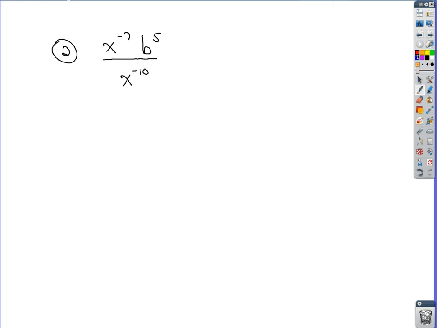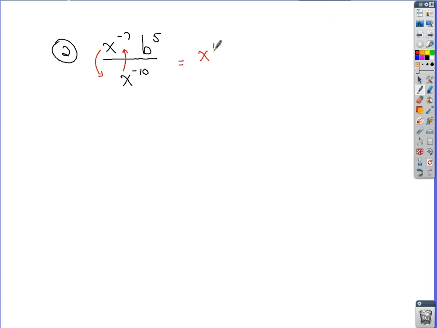One way, though, is if you want to get rid of the negative exponents to start, anytime you've got these negative exponents within this fraction as it's written, if you want to create positive powers, just change their locations. This x to the negative 7th, I could bump down here and make that an x to the 7th. This x to the negative 10th, I could bump up here and make that x to the 10th. A very quick, convenient way to change over the powers.